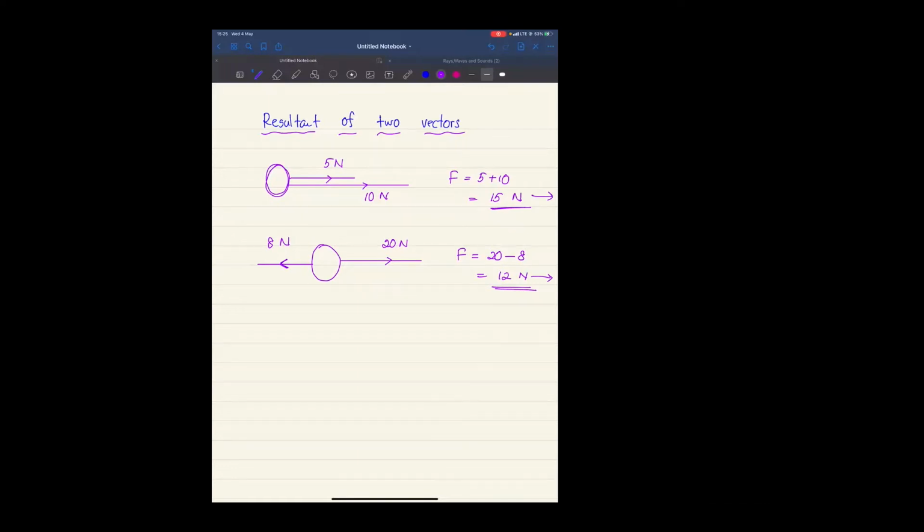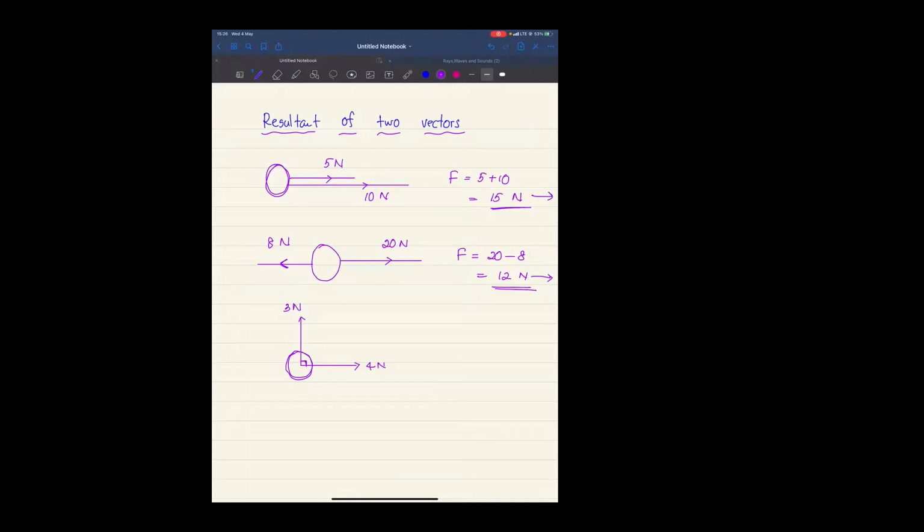Now my question is, let's say there's a force of 4 newtons applied this way on this object, and perpendicular to that, there's another force of 3 newtons applied on the object. The 4 newtons and 3 newtons are perpendicular to each other.